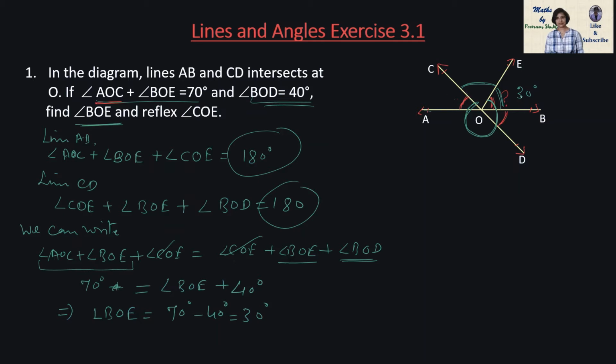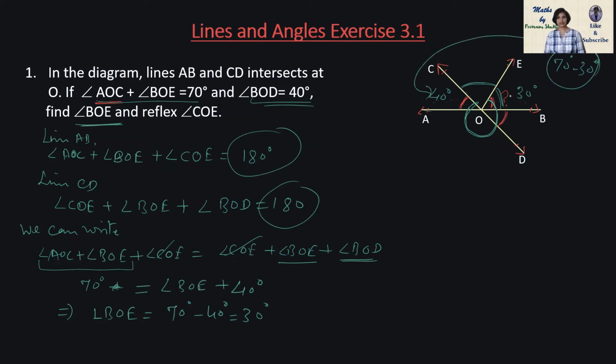We know the sum of these two was 70 degrees, and we found this one to be 30 degrees. So this angle will be 70 degrees minus 30 degrees, which is 40 degrees.